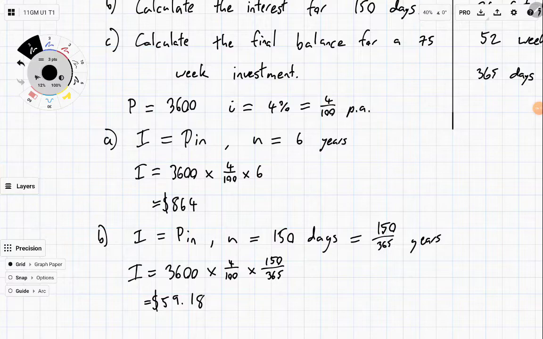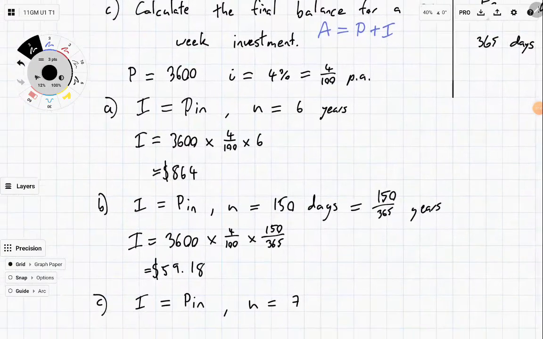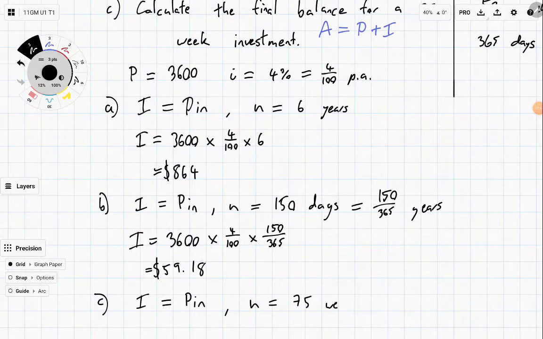And the last one, it doesn't say calculate the interest, it says calculate the final balance. So whenever it asks you to calculate the final balance, we also need to do that second step where we add the interest to the principal. So we figure out how much it is worth in total. So let's do part C. For part C, I is equal to PRN. R and P are staying the same, but N is now 75 weeks. That's the wrong units, so let's divide by 52 to convert it into years.